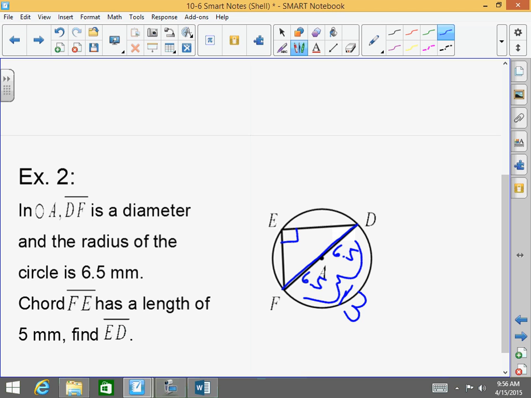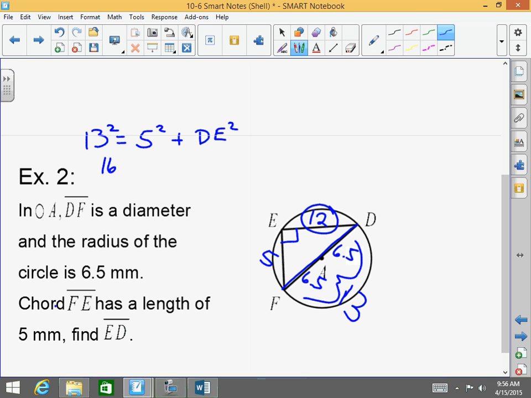13. If FE is 5, so there's a 5, 12, 13 triangle. Pythagorean triples, once again, save the day. If you forgot your Pythagorean triples, remember the Pythagorean theorem. 13 squared equals EF squared, A squared, plus B squared, which we'll call DE in this case.